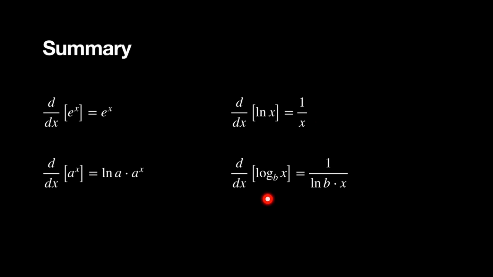If we have a logarithm with a different base, so log base b of x, the idea is you can use that change of base formula, which would say that log base b of x is equal to log base e of x divided by log base e of b. And then the derivative is going to be 1 over ln b times x.